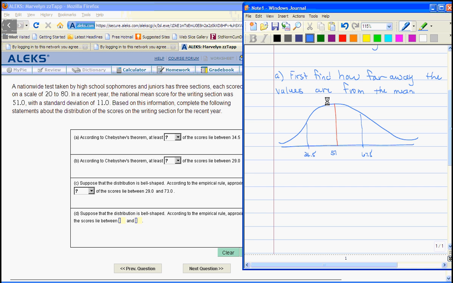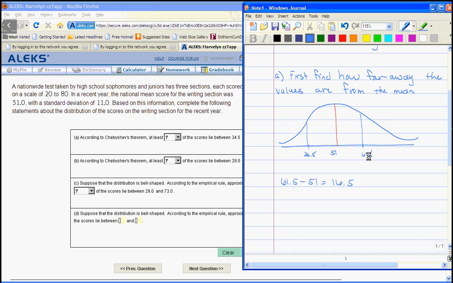That's what's being asked. So first we're going to find this distance here. Well, 67.5 minus 51 is 16.5.